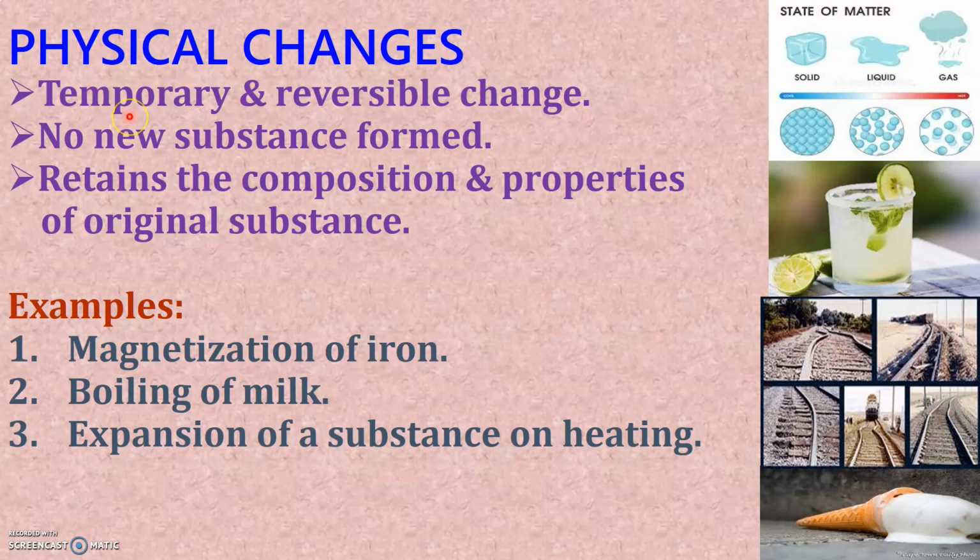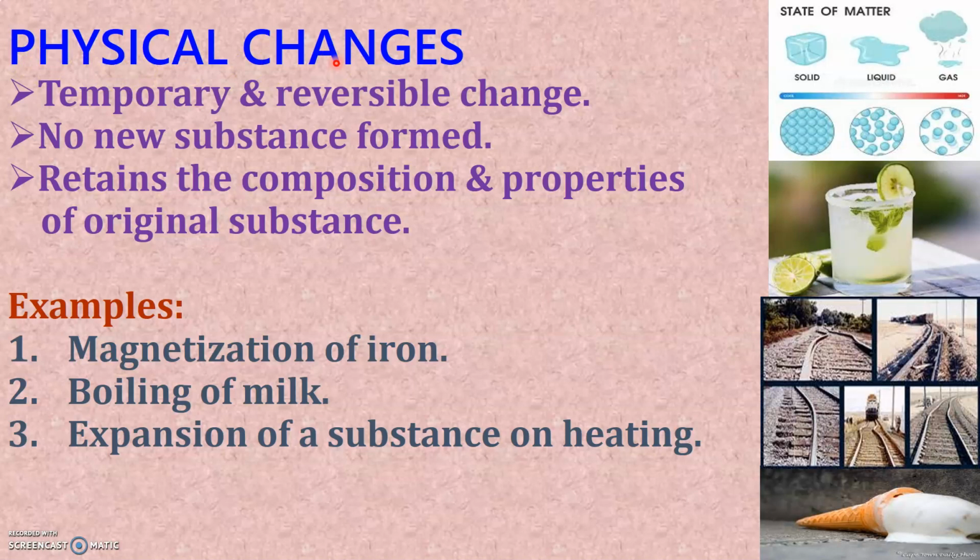If a change is temporary and reversible, and there is no new substance formation, and the composition and the properties of the original substance do not change, then we call it a physical change.